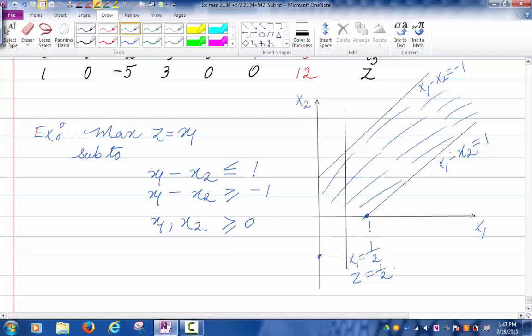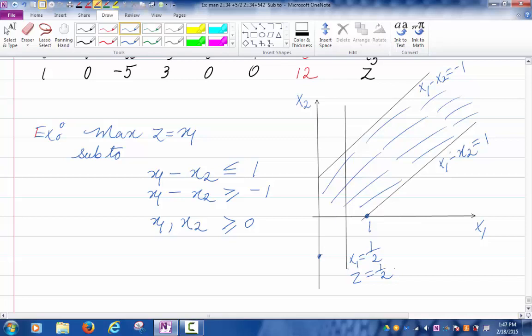Remember we talked about level sets: if I set z to be a specific number, the graph of that would be the level set. Notice that I can move this level set along the x1 axis to the right, and I always intersect the feasible region, which means that x1 increases without bound, so the objective value increases without bound. So this is a problem where the objective function is unbounded.